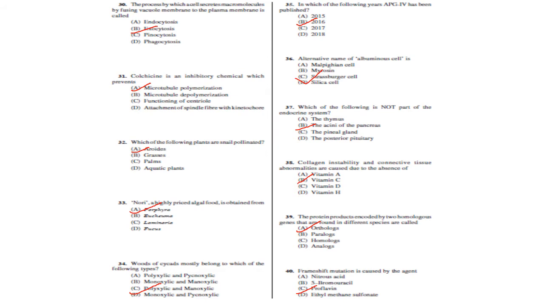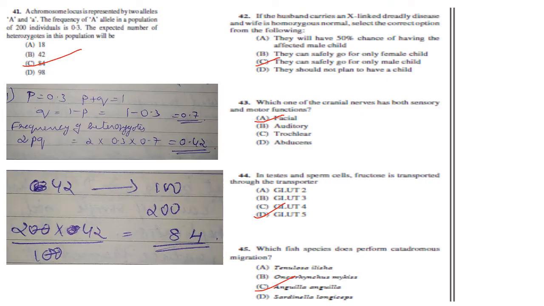And these insertions and deletions can lead to frameshift mutations. That is the effect of intercalating agents. Then EMS is an alkylating agent, nitrous acid causes deamination of cytosine to uracil, and 5-bromouracil is a base analog. So the answer here is proflavin.